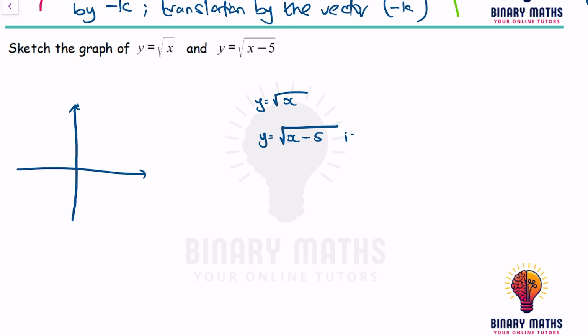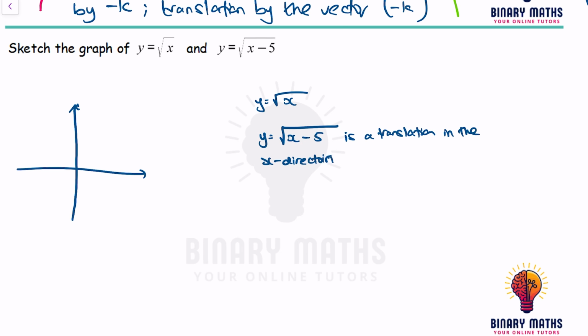So it's a translation, because the original function is root of x, so the 5 is not outside the bracket, it's inside the bracket. It's a translation in the x direction, which means the opposite thing will happen.